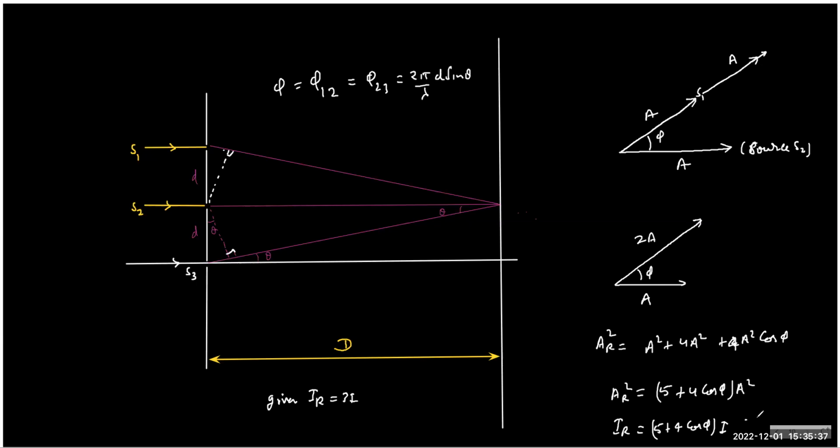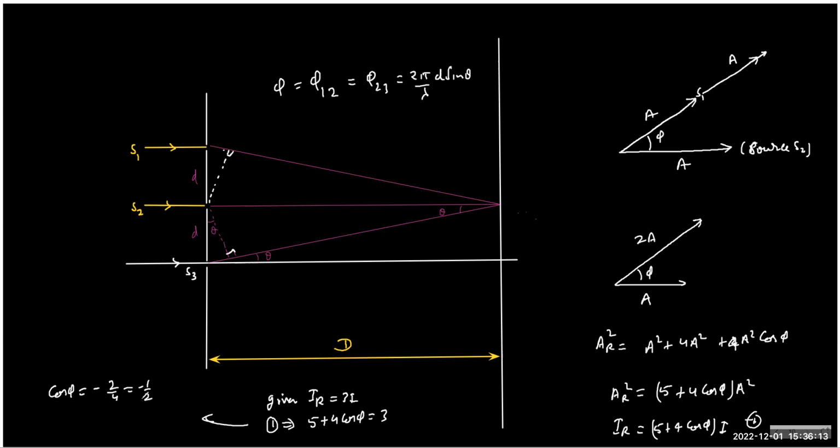So 5 plus 4 cos phi is 3, right? Solving here, cos phi is how much? Minus 2 by 4, minus half.